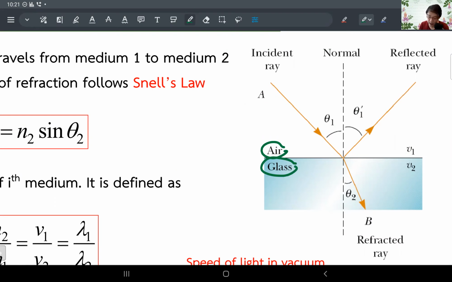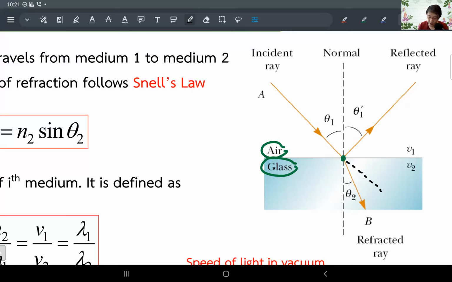It turns out at the interface where the light hits, the direction of the ray gets bent a little bit. It's bent over here. See that? So it doesn't follow the same direction anymore.